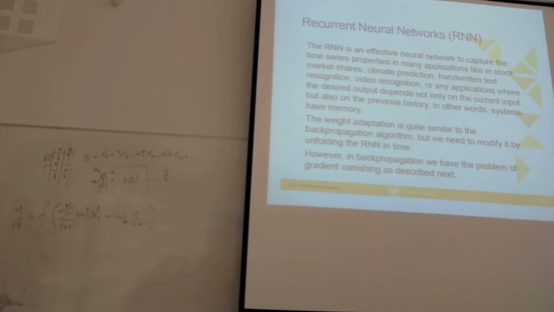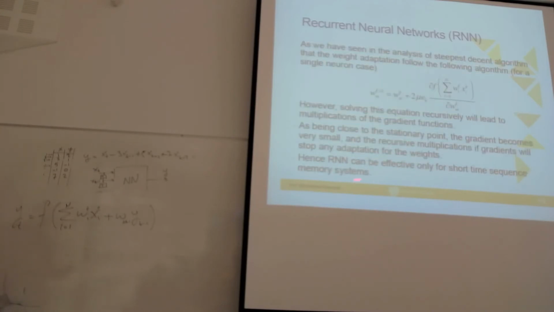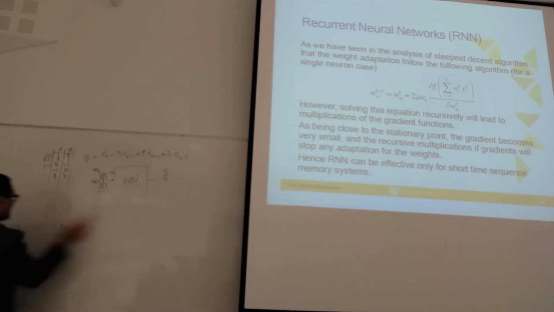Actually, we have one problem in neural networks in general, in the adaptation using the gradient method. If you remember the gradient method, the adaptation of the weights depends on the gradient, or the differentiation of the activation function with respect to W. This is based on the steepest descent method.